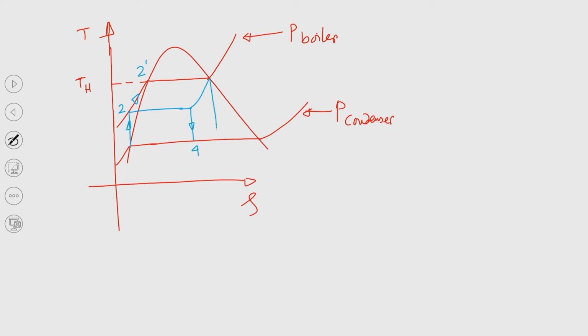So, this is 4, this is 4 prime. So, this is 3 prime, say this is 3 prime, okay, and that is 1 prime, and this is 1. Okay.